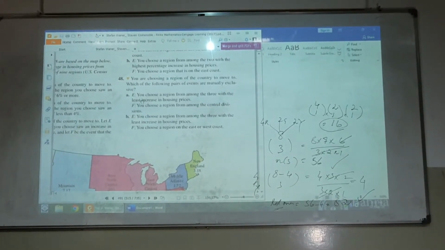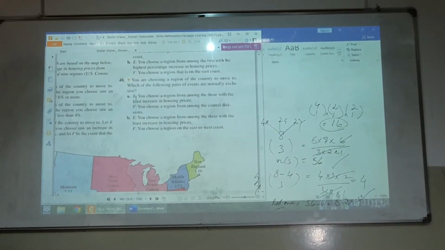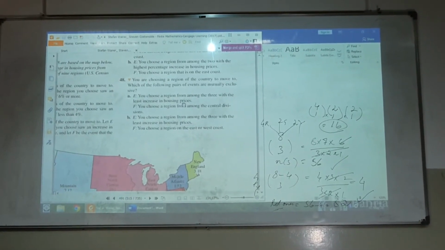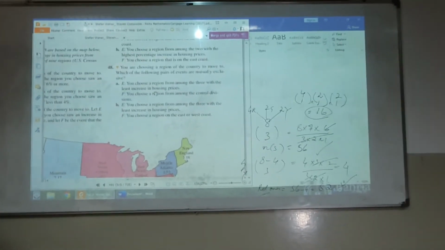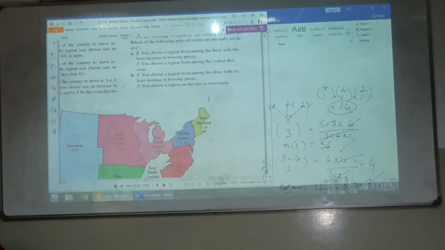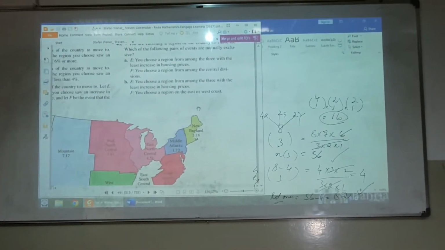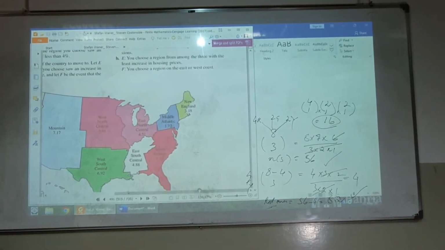So let me see what the outcome is for event A. In this case, event A is that you choose a region from among the 3 with the least increase in housing prices. So if you look at the map, which ones do you see with the least increase in housing prices?